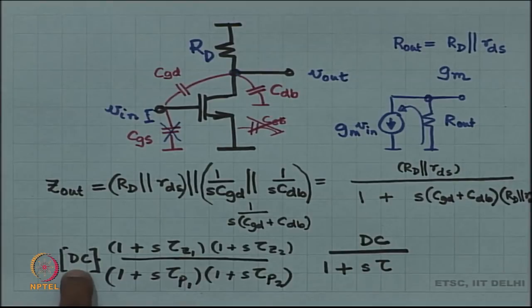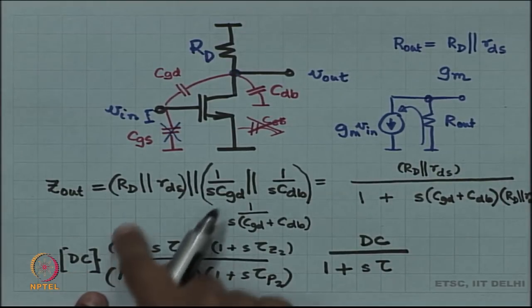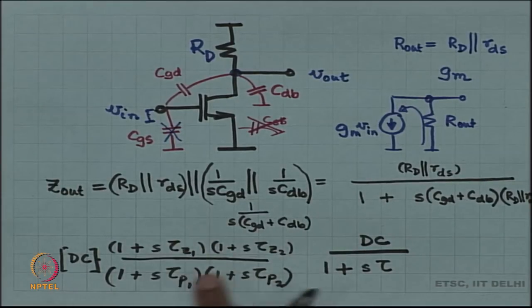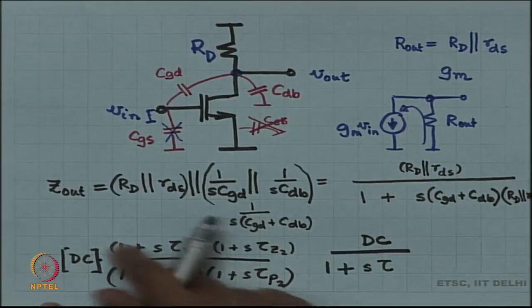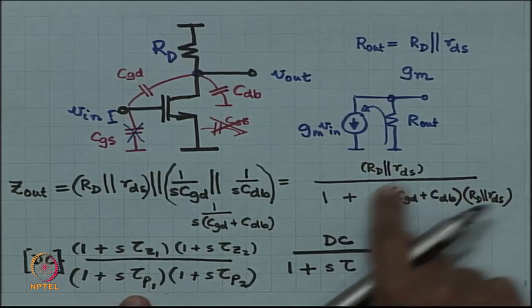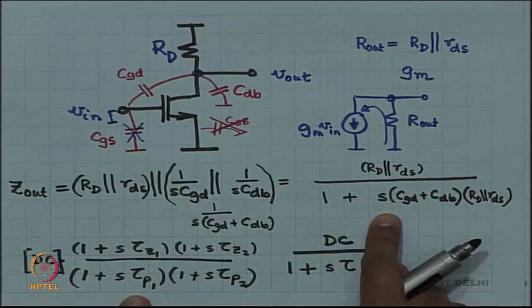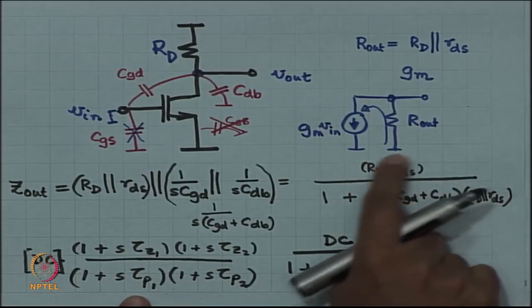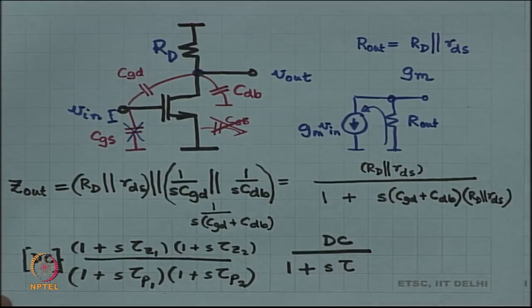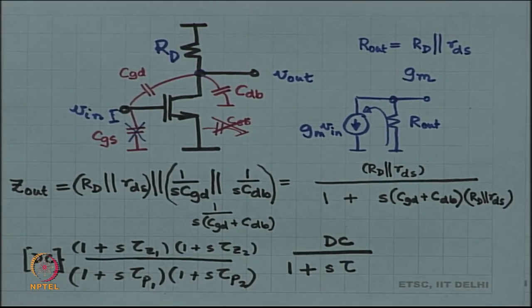At DC, S is equal to 0, so all these terms will evaluate to a 1, and at DC it is just whatever is on the top, the DC parameter. This is how all the impedances, all the S parameter, all Laplace expressions are going to look.